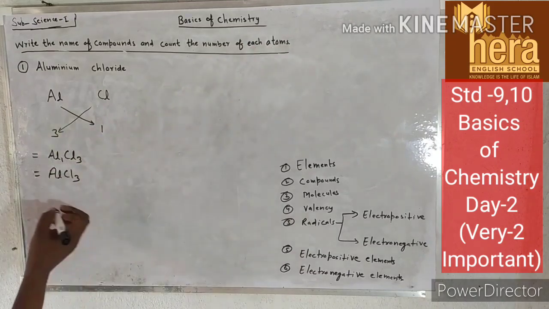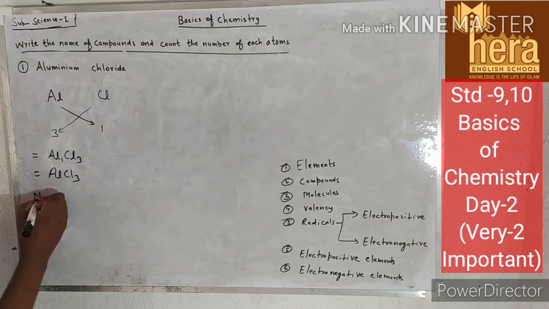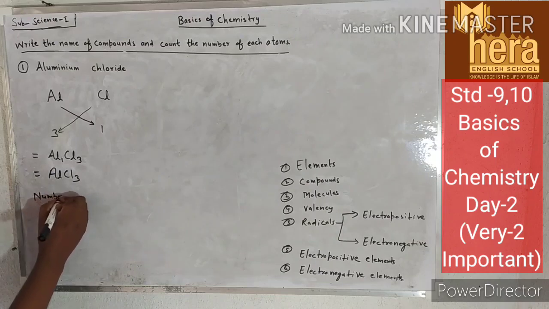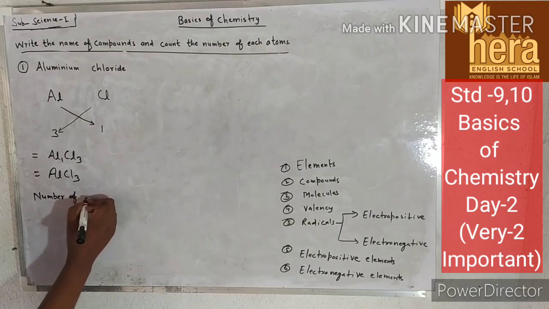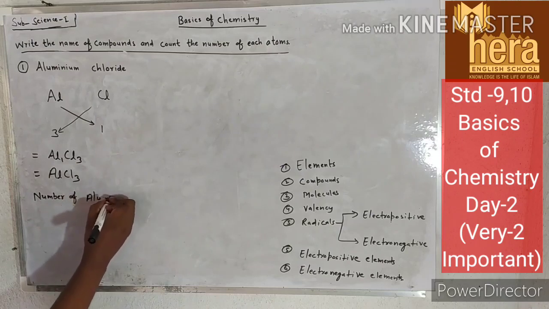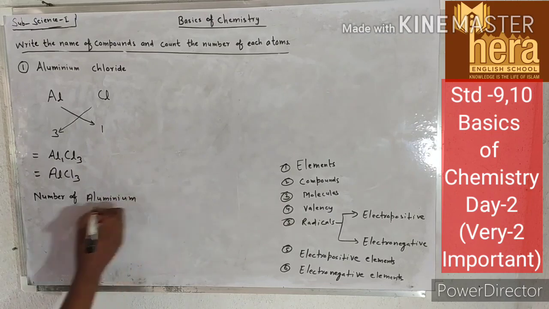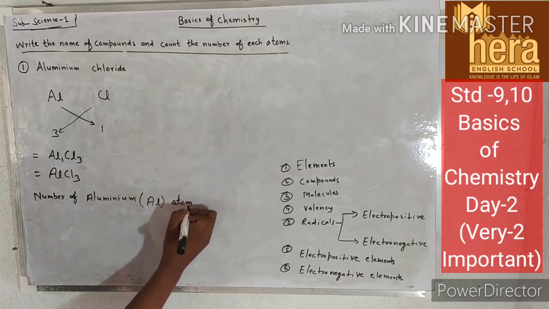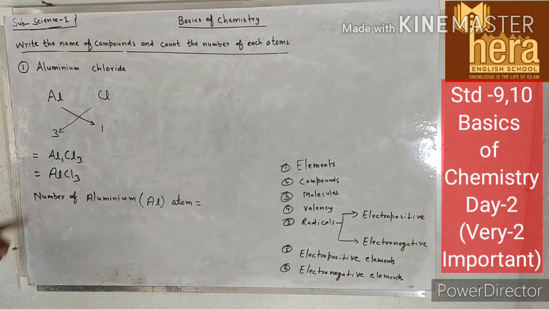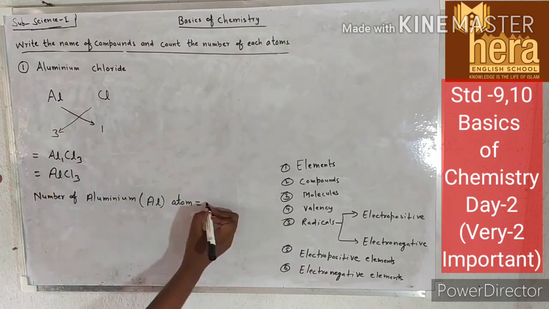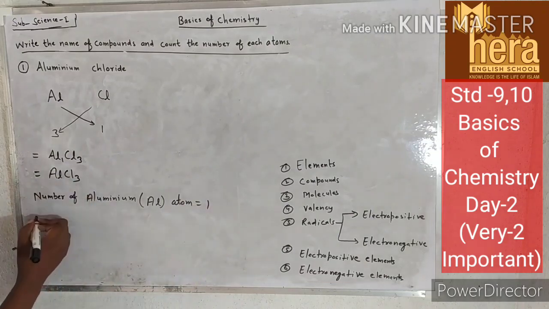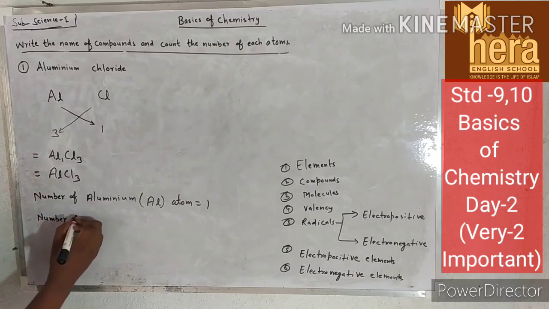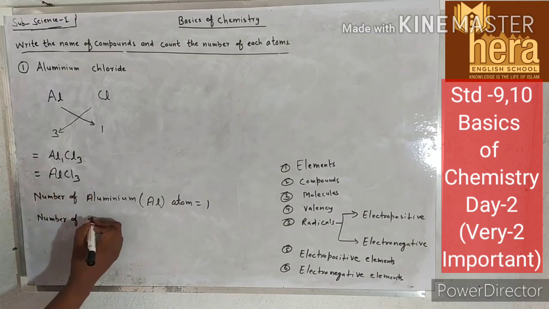So here, the number of aluminium atoms is equal to, see, here is nothing, it means 1. Aluminium atom is equal to 1. Similarly, number of chlorine.